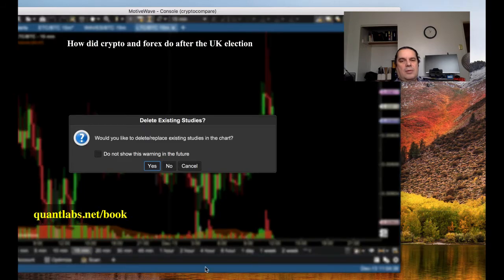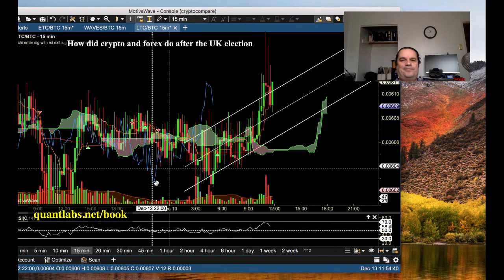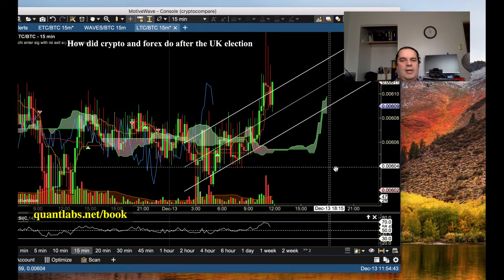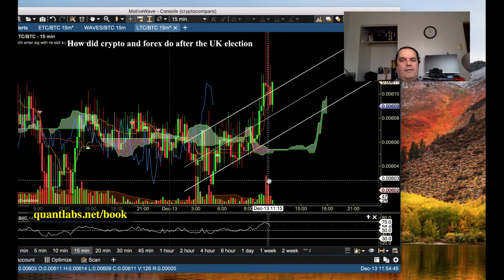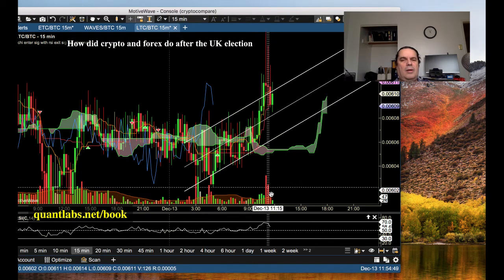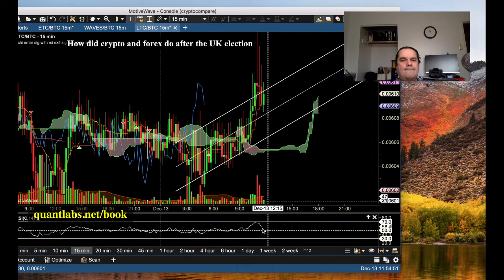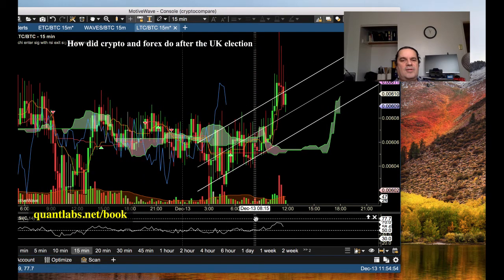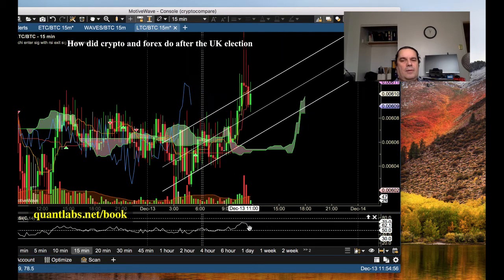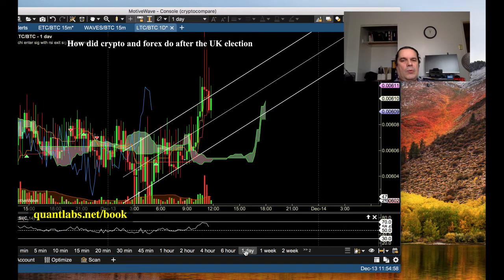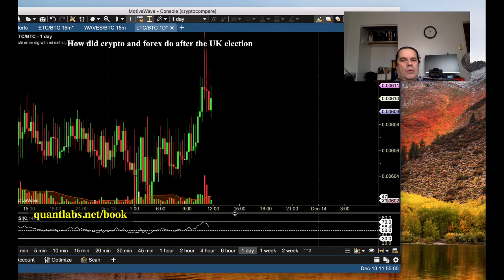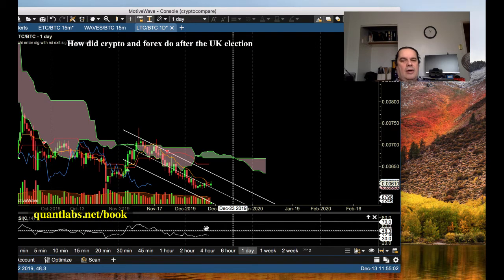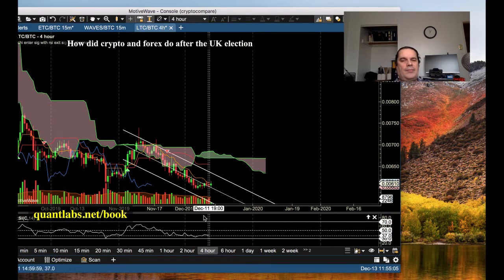Ichi. So long term, what does this say? There's a lot of negative moving volume here. Let me just see the day chart. Pointing down, 4 hour.